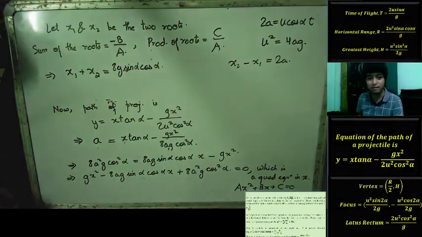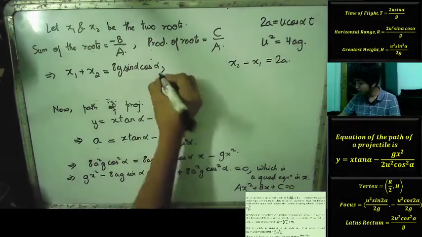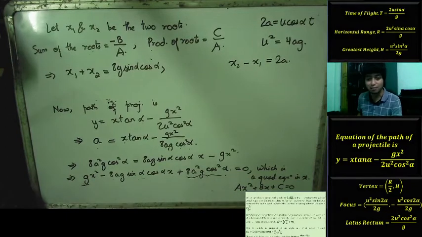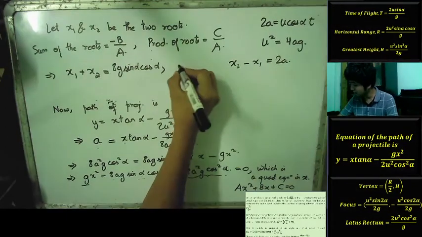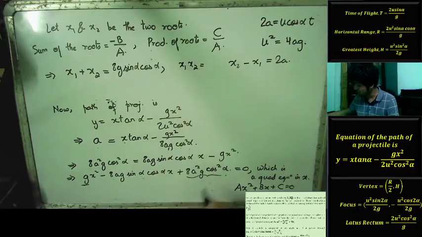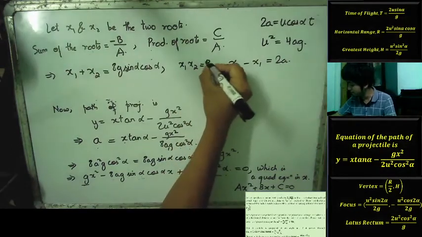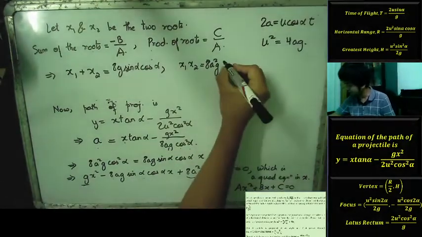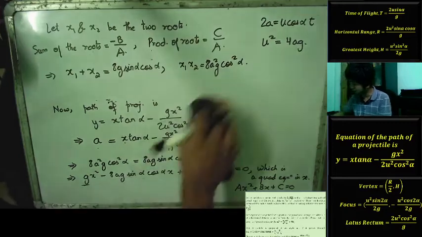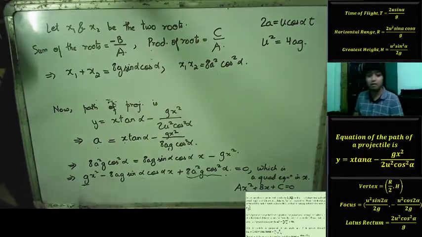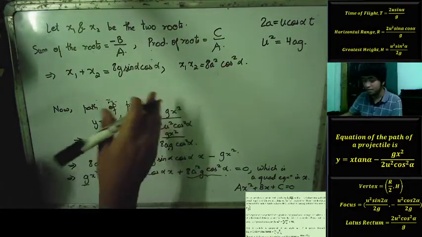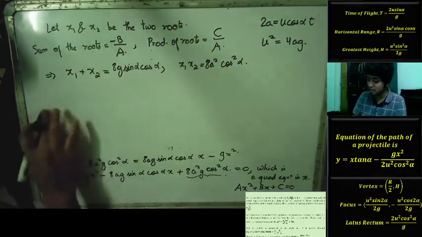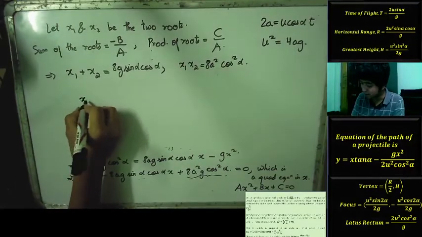And the product of the roots is equal to c by a, where a is equal to g, so x1 x2 will be equal to 8a squared cos squared alpha. Sorry, we don't need this g anymore. So this is what we get. Now what we can do is write something like this. We know how much x2 minus x1 is.